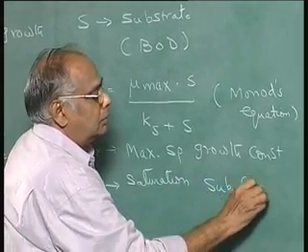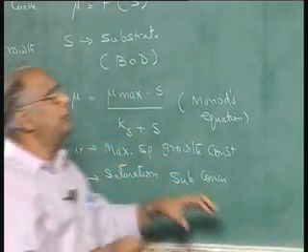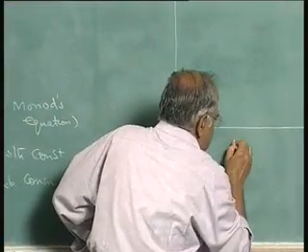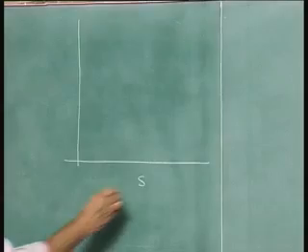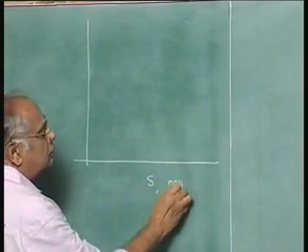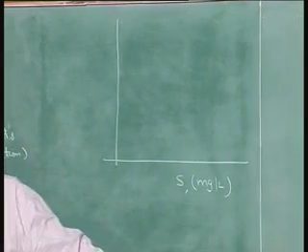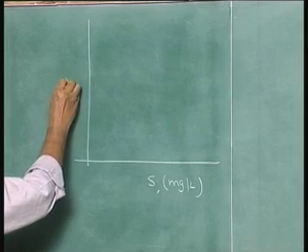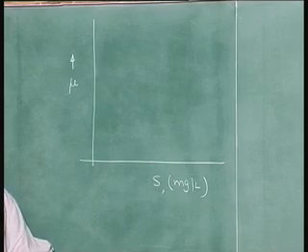So, if I were to plot this particular graph, the graph looks like this. That is, I make a plot between S, the substrate, in milligrams per liter. Again, the substrate is measured in milligrams per liter, as well as the microorganisms are measured in milligrams per liter, versus mu, the specific growth rate of the microorganisms.